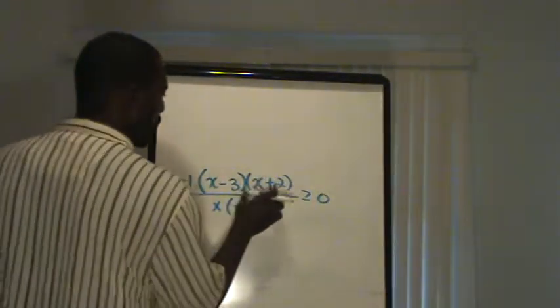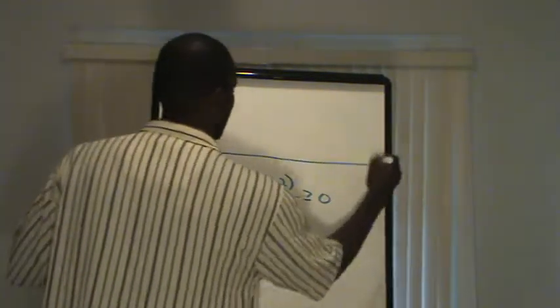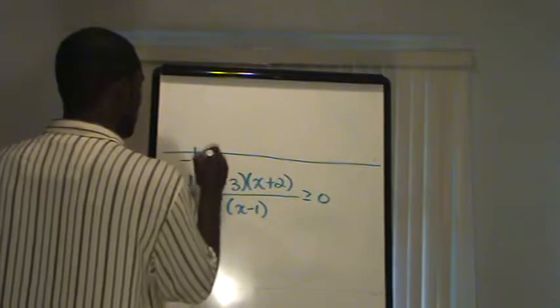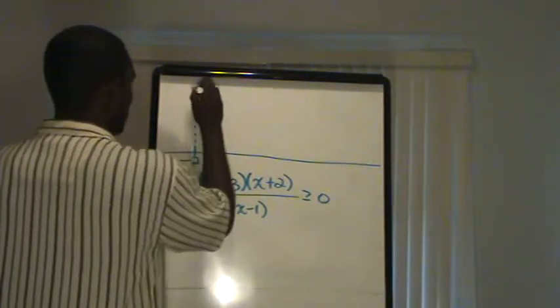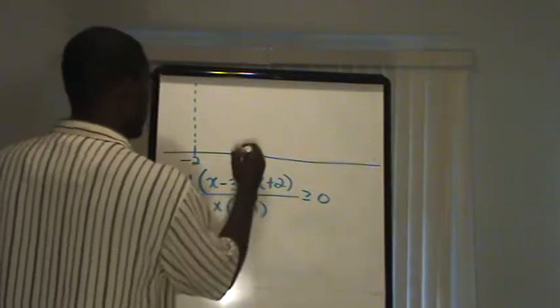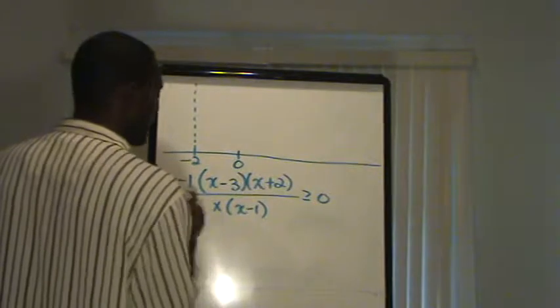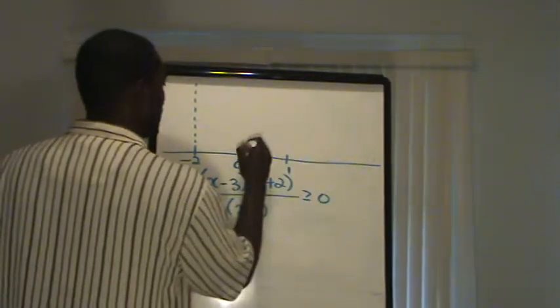So this factor here tells us that negative 2 would actually be a test point. This tells me that 0 would actually be a test point. x minus 1 tells me that 1 is a test point.